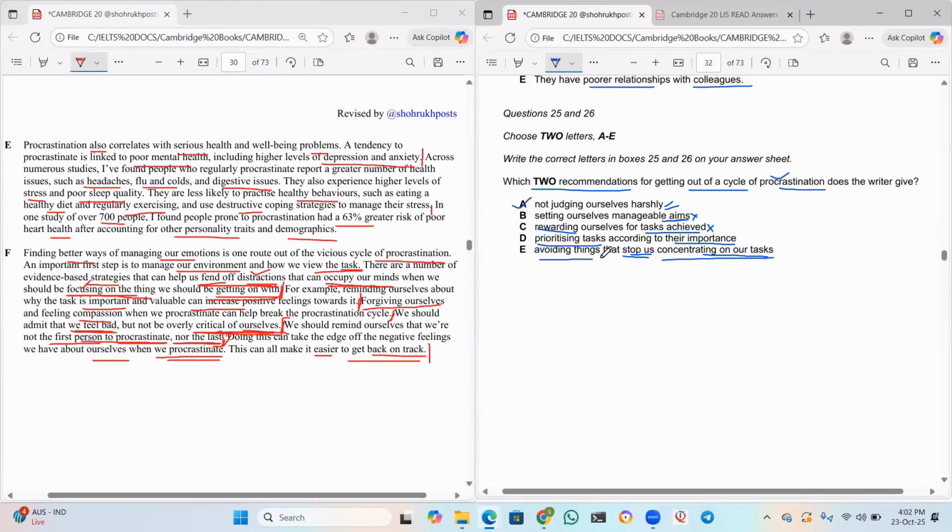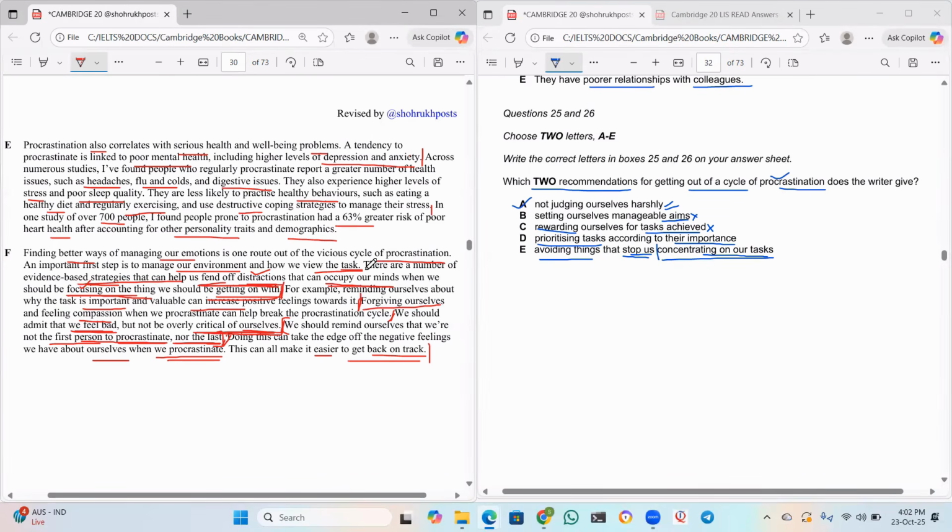Avoiding means fend off distractions. It means we have to avoid things that are stopping us from focusing on the task that is more important. So in this sentence, we have the answer, guys.